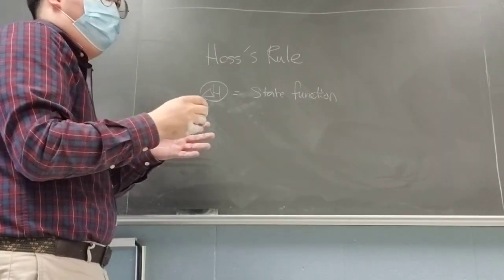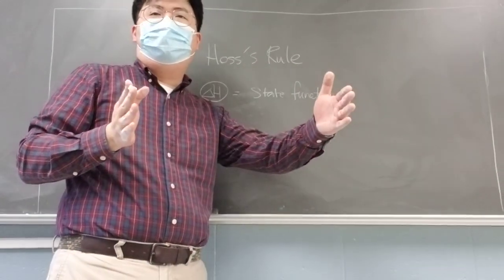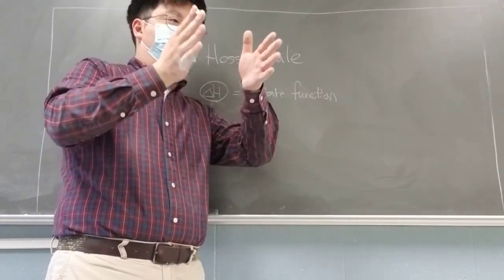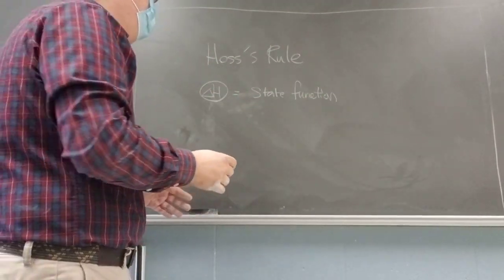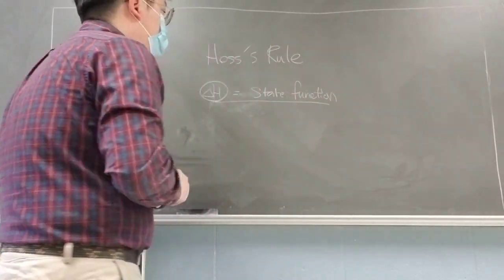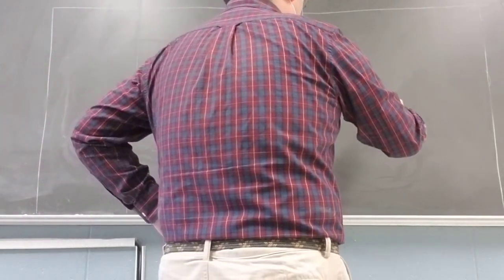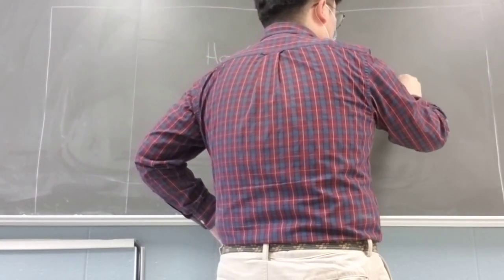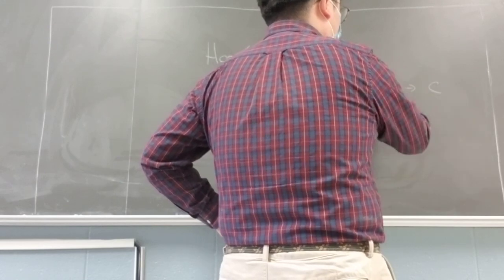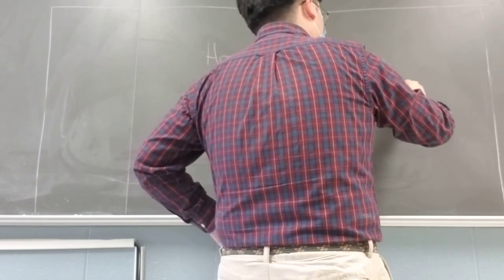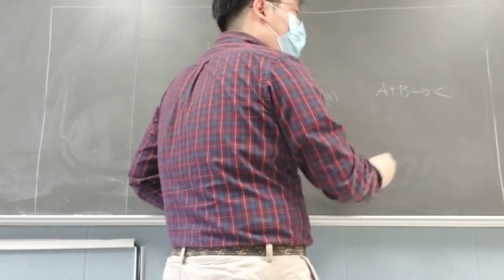So if some reaction is happening stepwise, we can put it in one combined reaction using the characteristic of a state function. What I mean by that is, if you have A plus B becomes C, this is the first step.